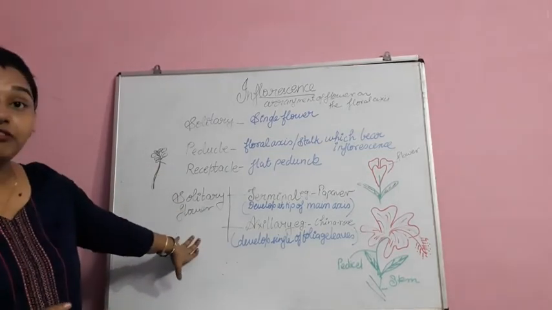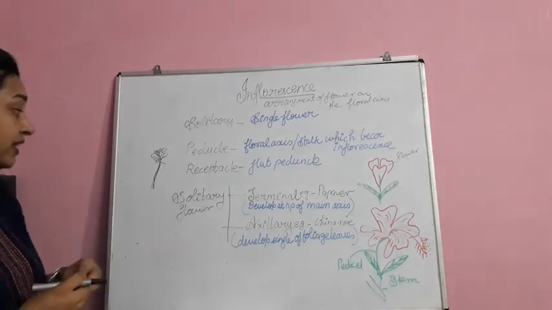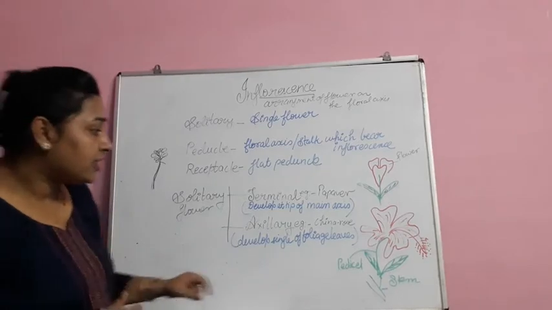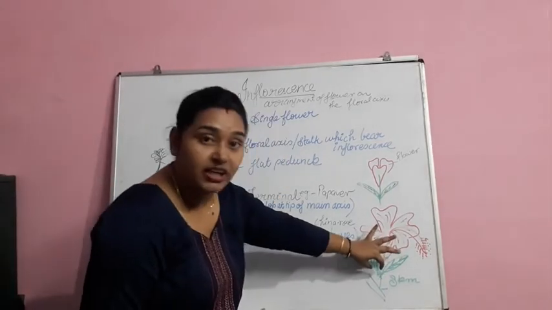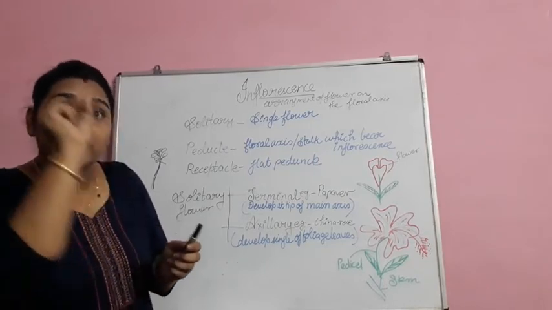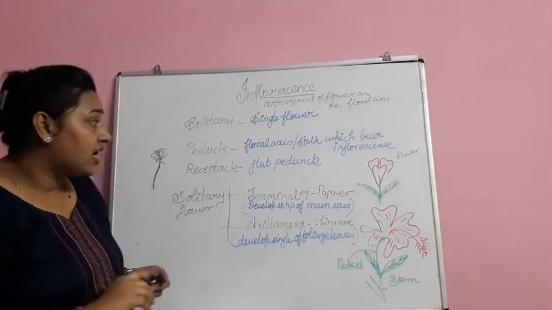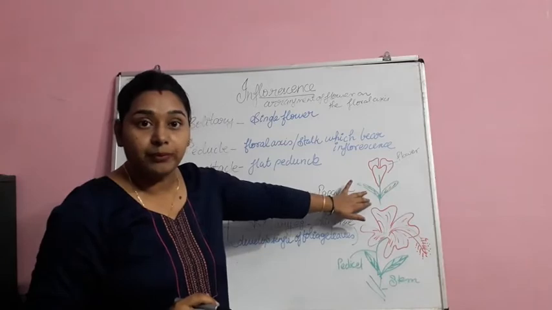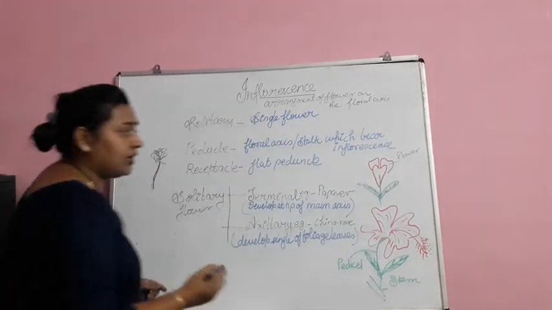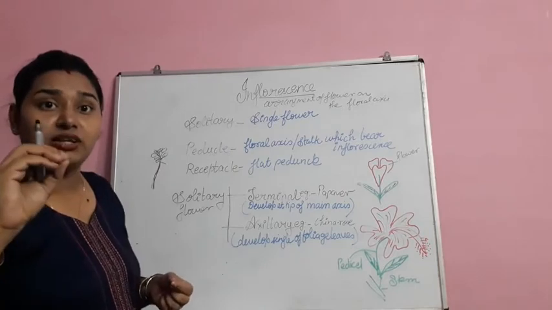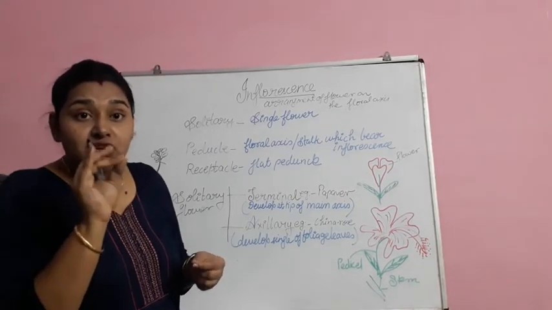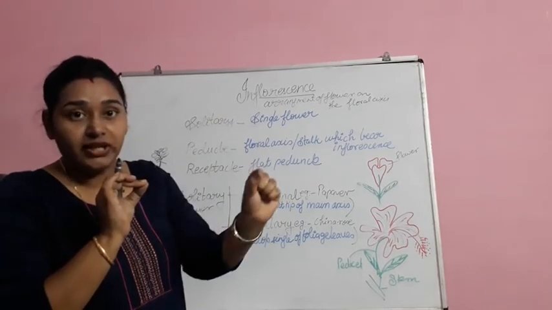But in axillary flowers, you will see that the pedicels develop from the foliage leaf. Foliage leaf means the cluster of leaves; from that cluster it starts developing. It doesn't develop from any tip. Whereas terminal can develop from any edge area. They don't need any foliage, any leafy structure from which to originate and develop.